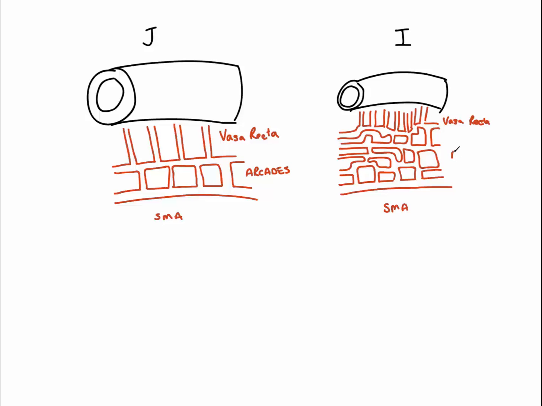Here again we have the numerous arcades, but there's more of them, but they're smaller. So here we can see some key differences between the jejunum and the ileum. We can follow a blood vessel as it passes all the way up towards the ileum, but we can see the jejunum has these longer vasa recta, fewer but larger arcades compared to the ileum.